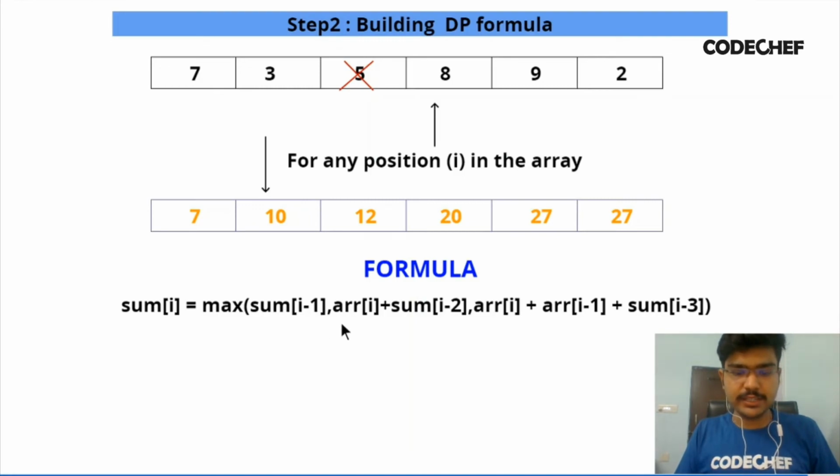The second condition, in which we are considering the array of ith value and the optimal sum calculated at position I minus 2. The third condition, in which we are summing up the values of array of I and array of I minus 1, and we are taking the optimal sum till position I minus 3. So this is the whole dp formula of all the three conditions that we have just discussed. Now we'll look at the code of this problem.